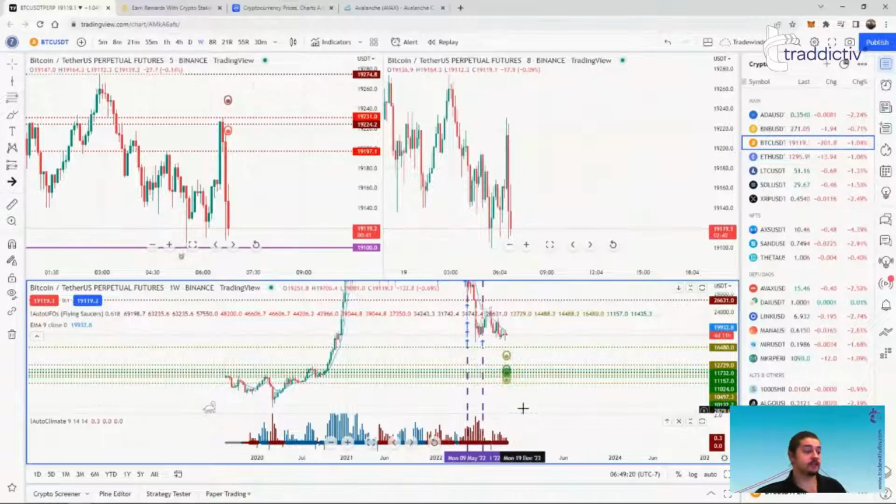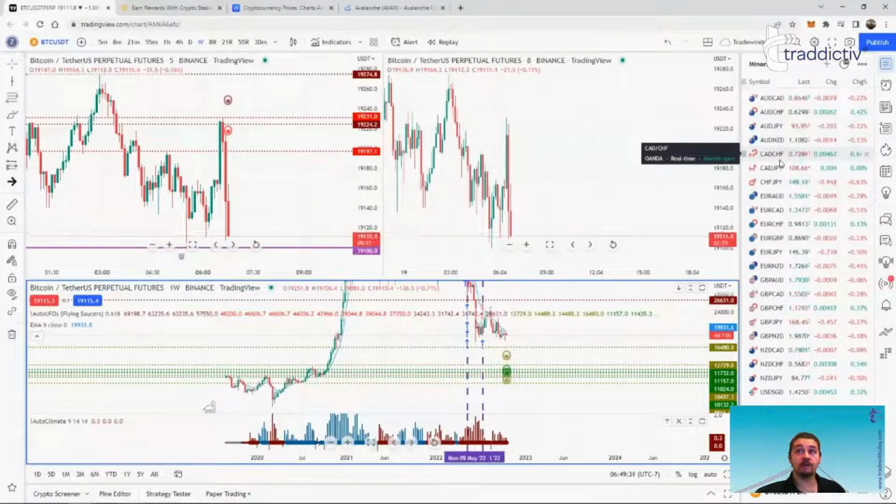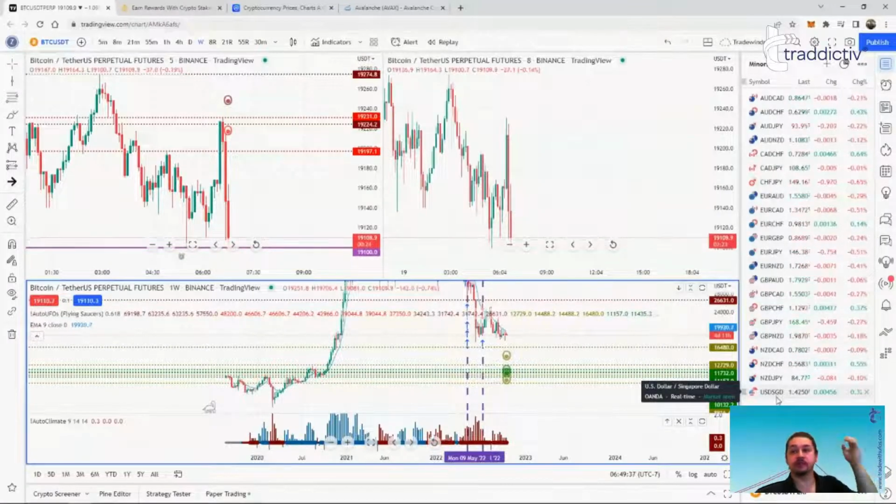All right, let's see if we can go back to Forex real quick and see if we can come up with any other trades, perhaps in one of the minors. We already have a trade on the Aussie. Let's see if we can get any trades on some of the minor pairs that we have here.